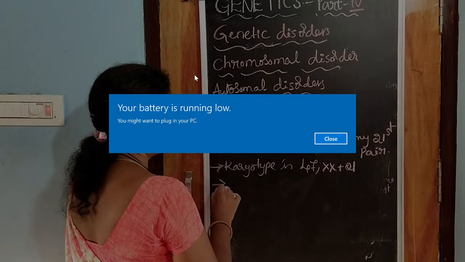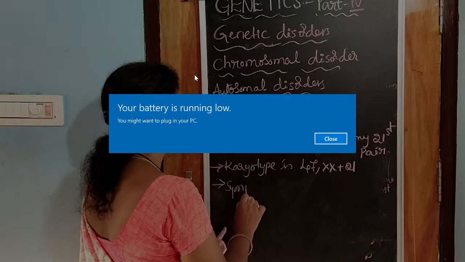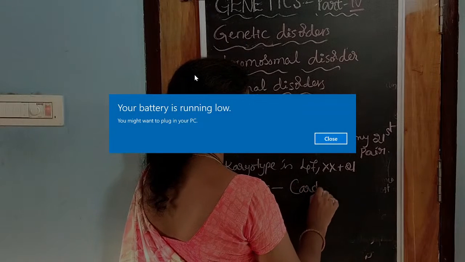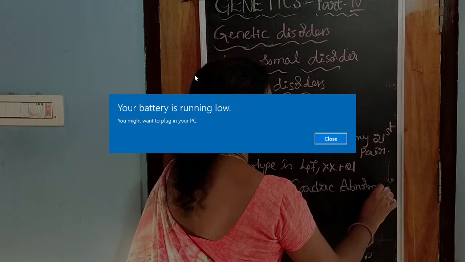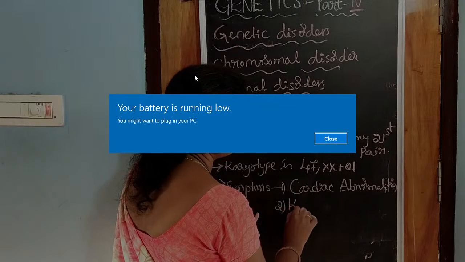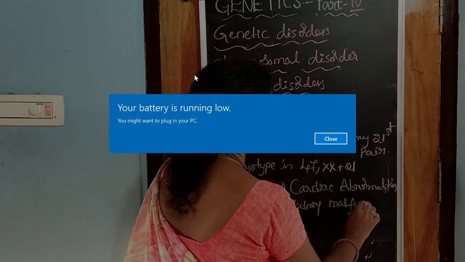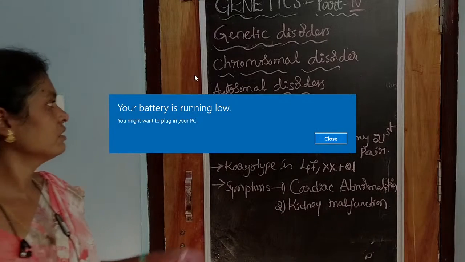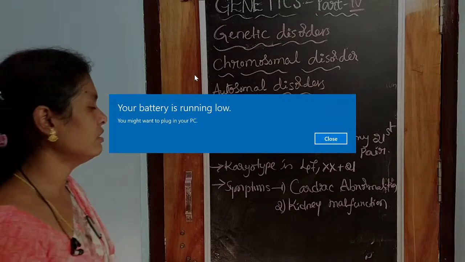The symptoms of Down syndrome are cardiac abnormalities and kidney malfunctions.